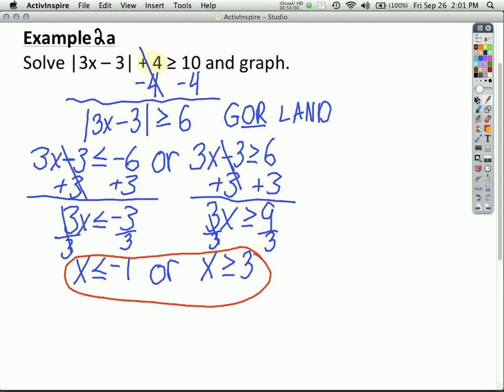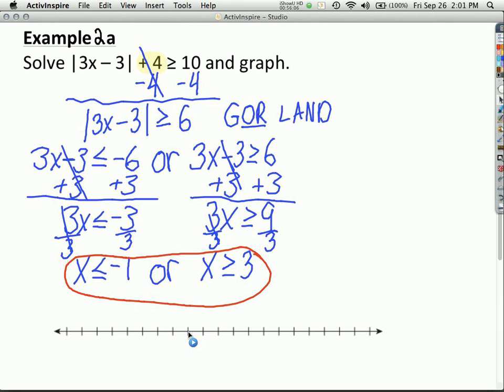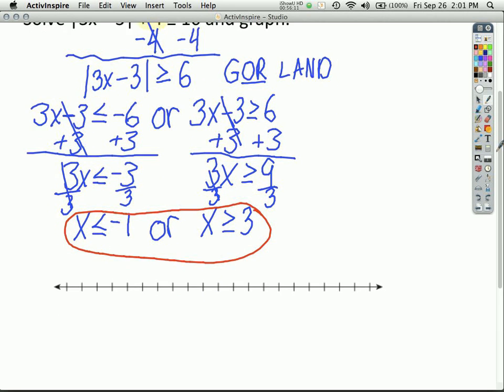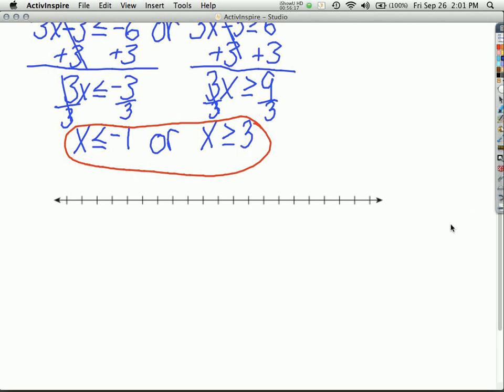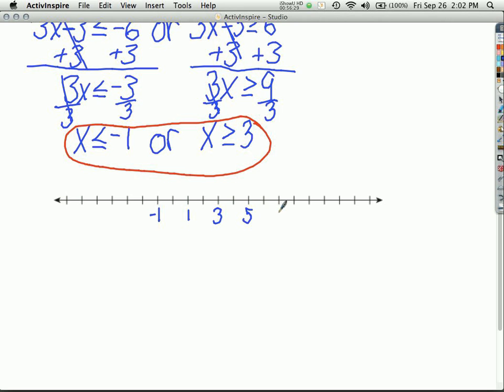Okay, so now we bring back graphing. Now that we have a good idea of how all of this works, we bring back the idea of graphing. We'll say that this is negative 1, 0, 1, 2, 3, 4, 5, 6, 7.